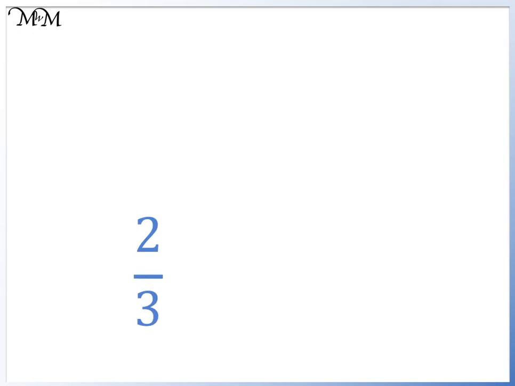For example, I want to find an equivalent fraction to 2/3. It doesn't matter what number I multiply by, as long as I do the same to the bottom as I do to the top. In this example, I have decided to multiply by 2. I will begin by multiplying the numerator by 2. 2 times 2 equals 4.